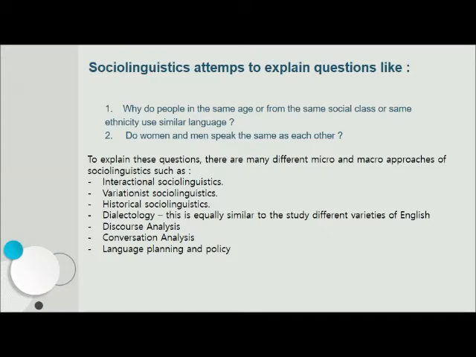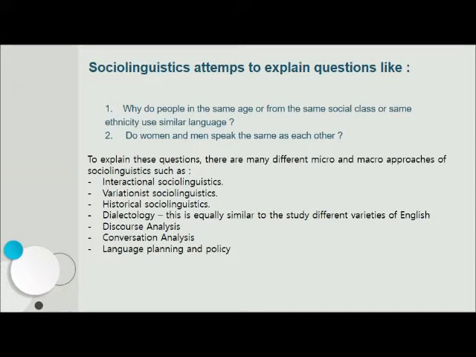Sociolinguistics attempts to explain questions like: first, why do people of the same age, or from the same social class or same ethnicity, use similar language? Second, do women and men speak the same as each other?